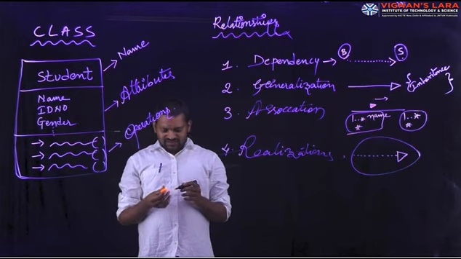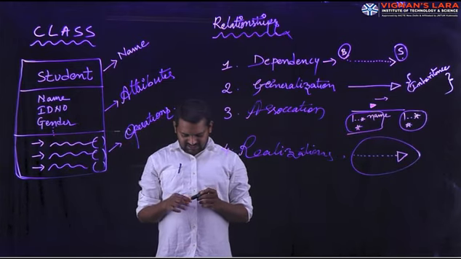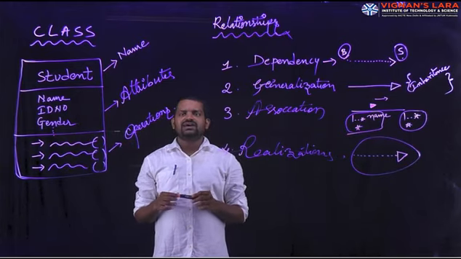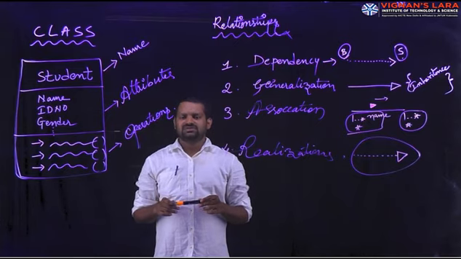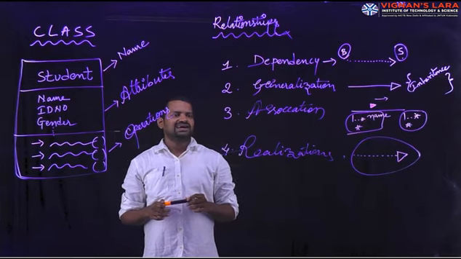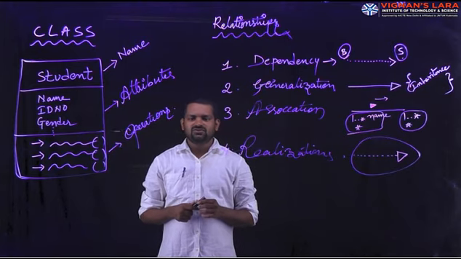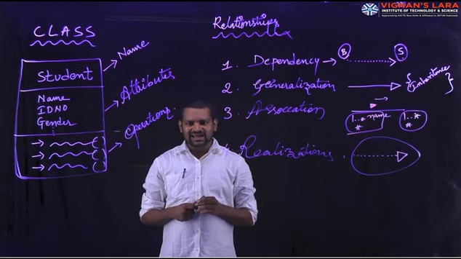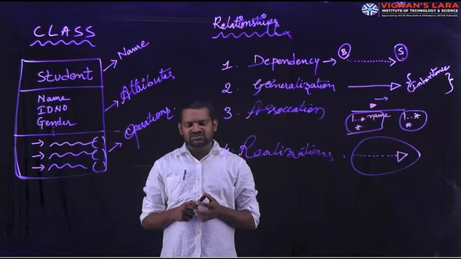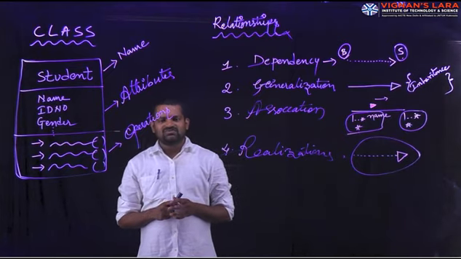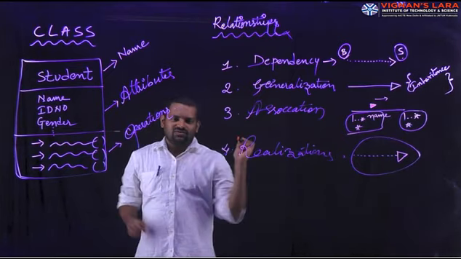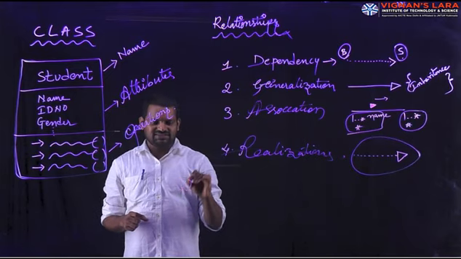Okay. So, if we want to take one system, with the help of these classes and relationships, we are going to draw a diagram that is called a class diagram for a WhatsApp messenger.